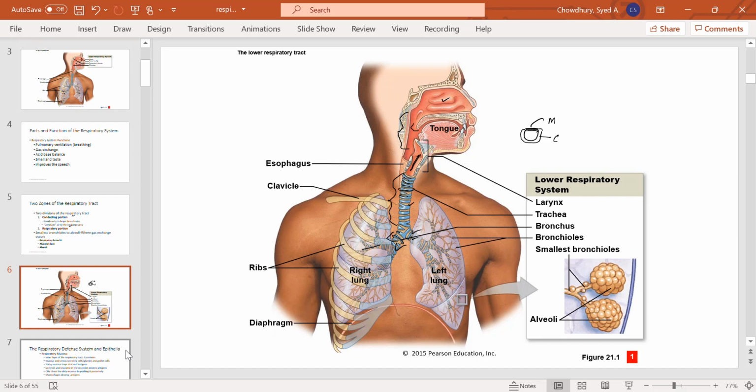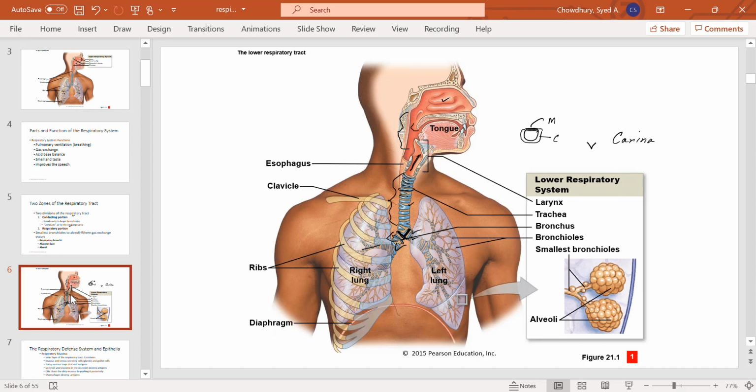So these are the cartilages, and the shape of the cartilages is C-shaped, and the last one you see here, this is the last piece of tracheal cartilage. This one is not C-shaped, this is rather like V-shaped cartilage, and this V-shaped last piece of cartilage is called carina. So here it divides into two, primary or main or principal bronchi.